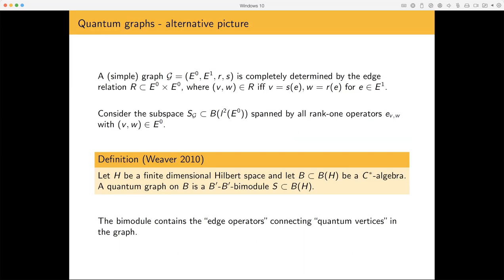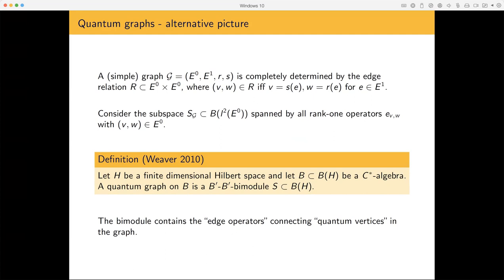Then you can look at a subspace in the operators on the L2 space of the vertices spanned by the corresponding rank 1 operators.